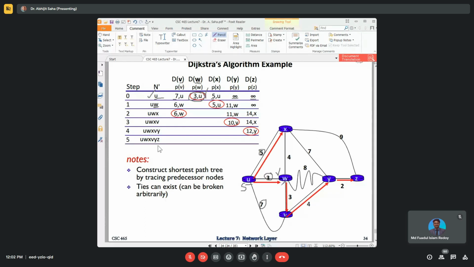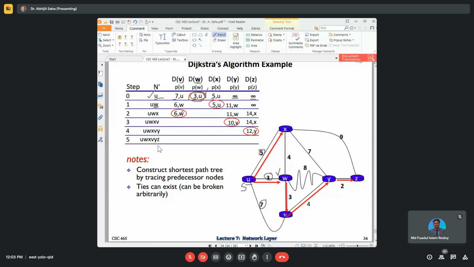So the u to W path is now found already. The cost is 3, and the predecessor node is u. From W now we are going to start searching for the least cost path to all the other 4 nodes.